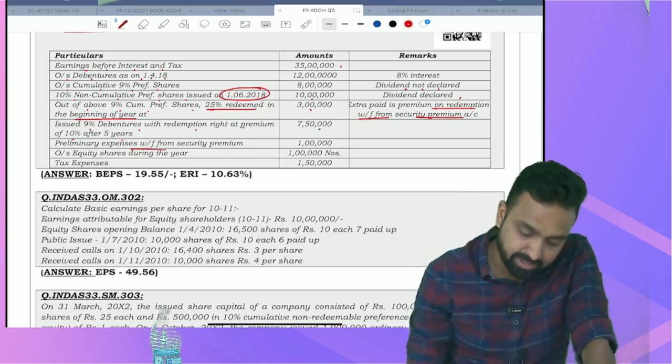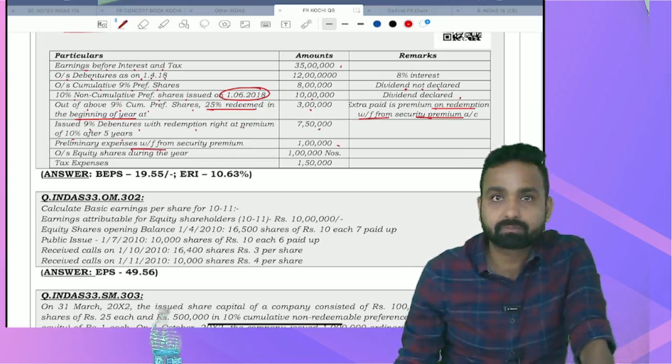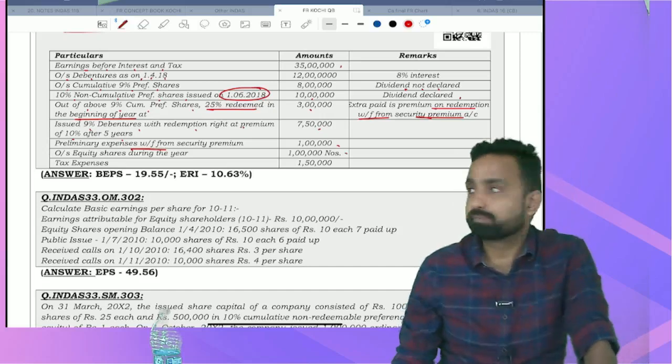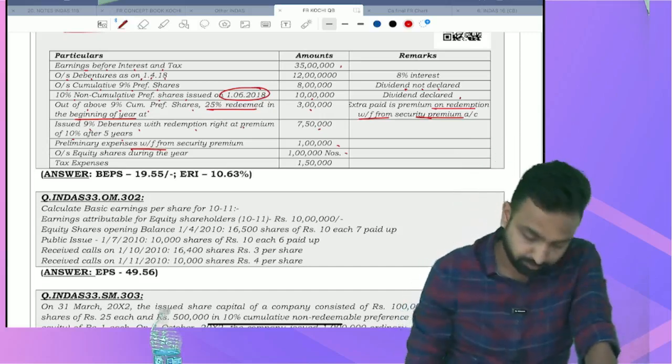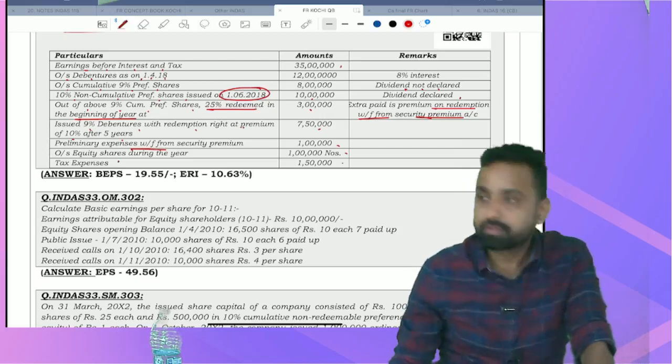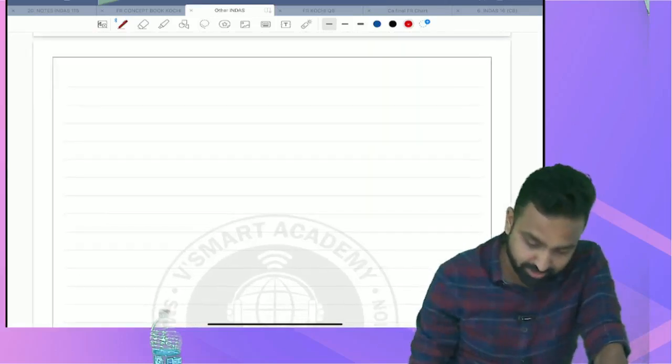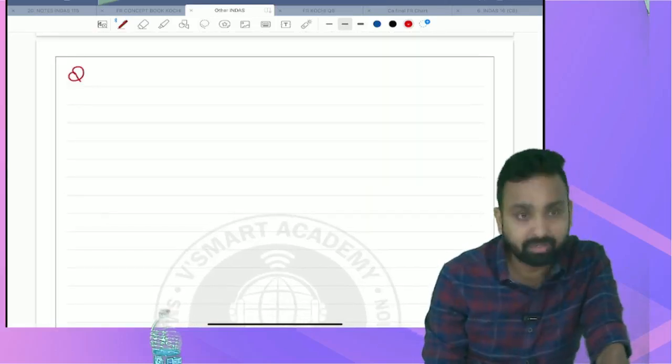Then preliminary expenses written off 1 lakh. Outstanding equity shares during the year 1 lakh numbers. Tax expense 150. So many equities, so many securities. What is the question number?